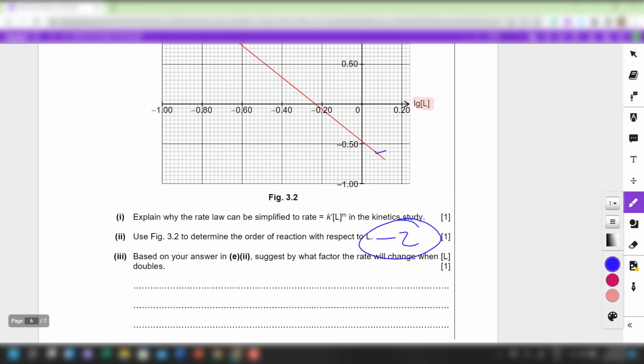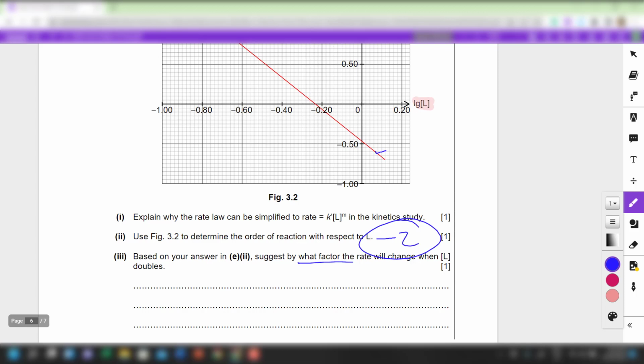So what is the significance of a -2 kinetics? -2 here means that when you double the concentration of L, the rate of the reaction will become a quarter of its original value. Or you can say that it will be reduced by a factor of 4, but I think this is quite hard to express, although we ask you by what factor the rate will change.